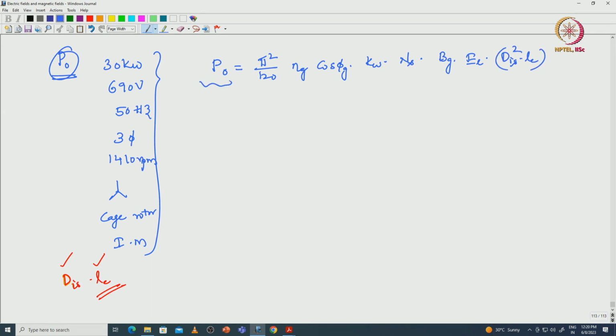We know the output power rating, P naught is 30 kilowatt. We know the phase voltage and frequency, and the synchronous speed with respect to 1410 RPM is what? There will be a slip. So, the nearest synchronous speed will be 1500 RPM, where 90 RPM is the slip speed.